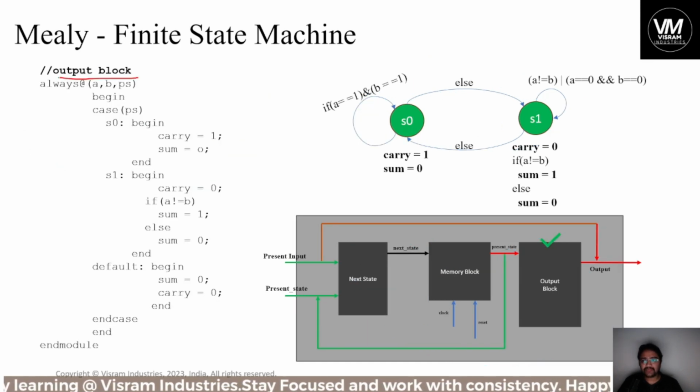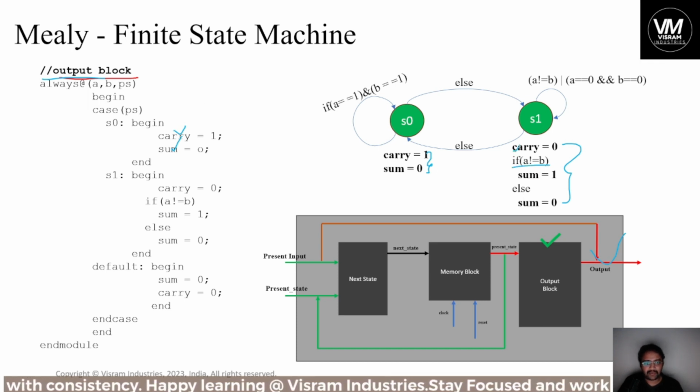Then come to the output block, the third block. How are we deciding? We are deciding on the conditions and on the output. Output is nothing but carry and sum. What are the values of outputs? That we should be familiar with. So always at the rate of inputs, begin case of the present state. Based on the present state, the output block will be working.